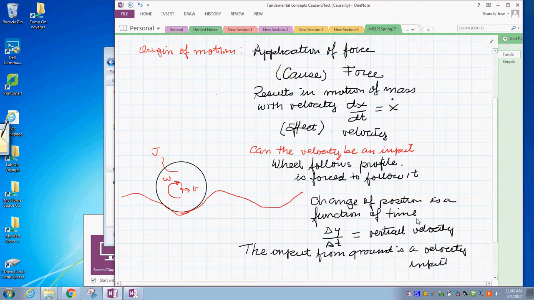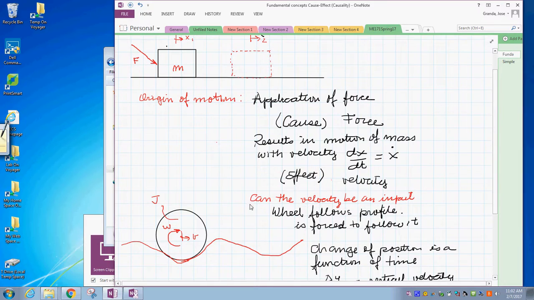So we could go back to the example that we had in the previous example. Here you could say that if this is the input element that we call force, then this is applied on the other element, which is mass, and as a result of this, see, this is the force, this is the response velocity.